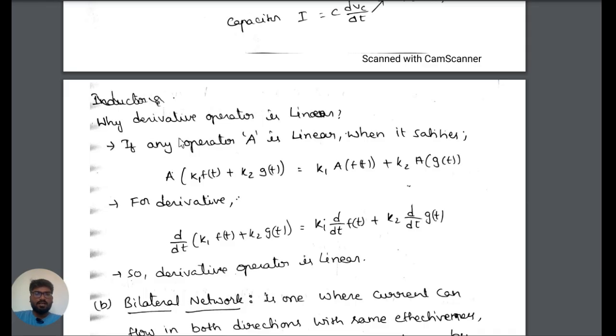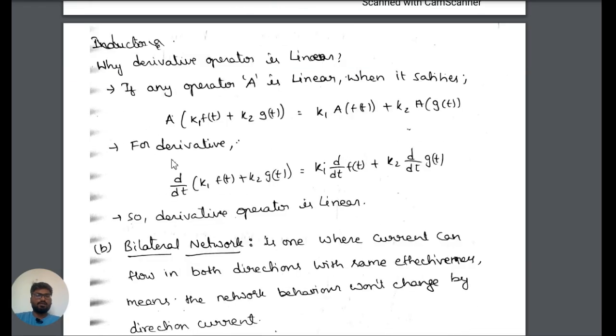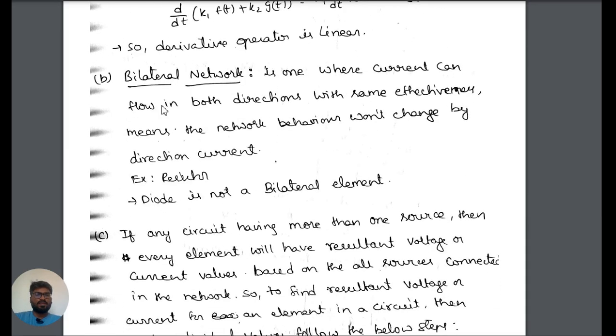To confirm whether any equation is linear, it should satisfy this condition: if a scalar is multiplied to any function, then the result should be the same multiple of that function. The derivative follows this same rule, so the derivative operator is also linear. So RLC elements are linear elements.